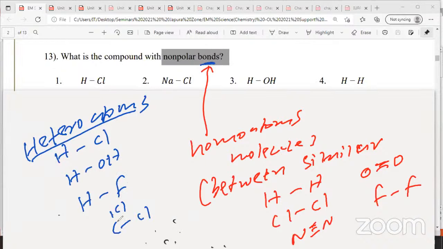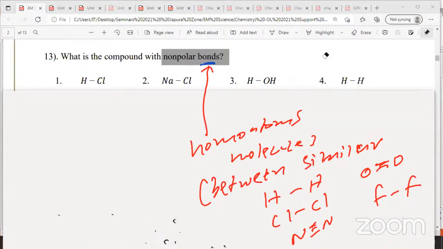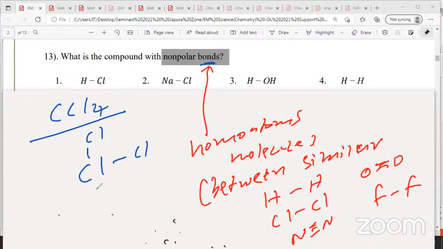CCl4, carbon tetrachloride. The molecule is non-polar but the bond is polar. This is the most important thing. I'll erase this and explain it. There are sometimes non-polar molecules with polar bonds. Very important: carbon tetrachloride, CCl4. It's a non-polar molecule. It's not water soluble. It's a non-polar organic solvent. You did this in grade 11 chapter 3.